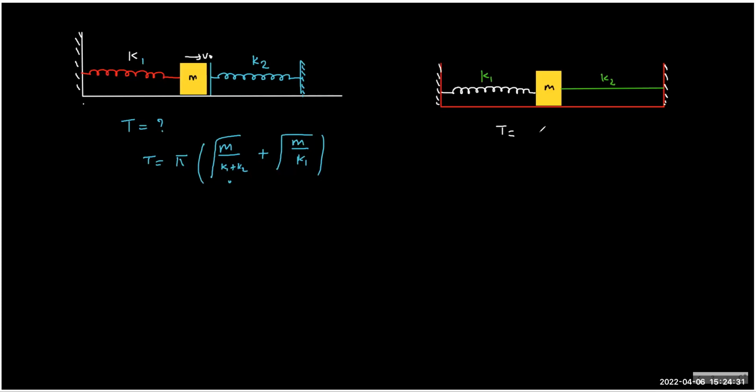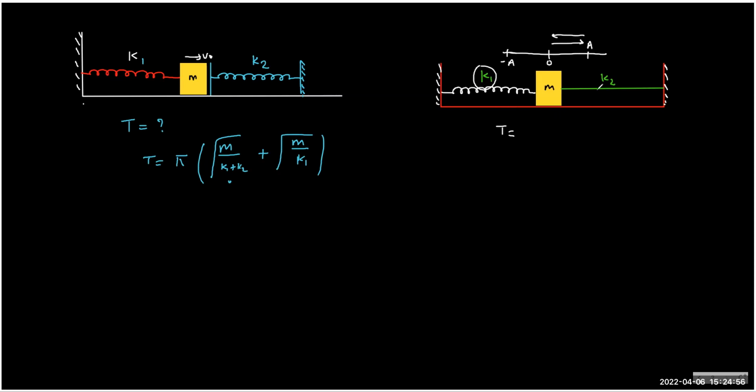See, again, you are not doing the complete oscillation. Draw a diagram like this: mean, extreme. When you go from the mean position towards the right, which spring will be in action? K1.